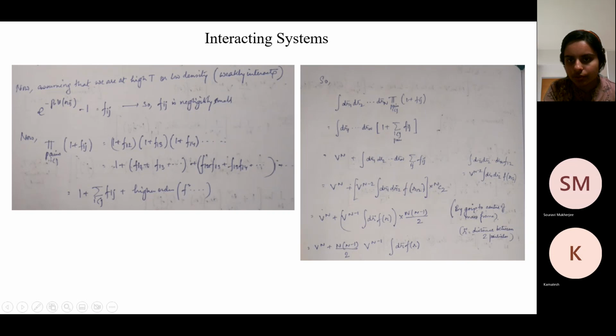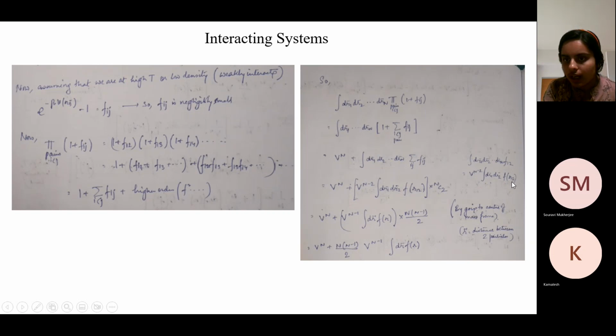So here, if we consider only the first particle interacting with the second particle, then the corresponding term would be something like this, right? We'll have this F12 term. So that means F12 only depends on dr1 and dr2. So we can take the other position coordinates out of the integral. So we get a V^(N-2), and this is the integration that is left.